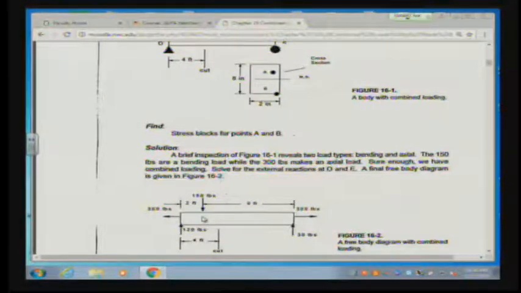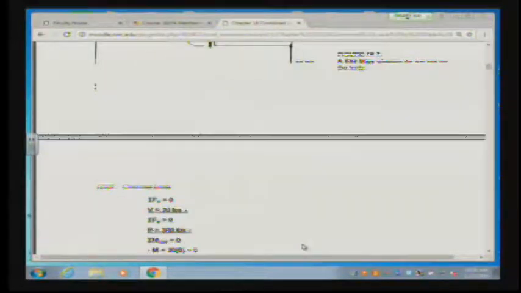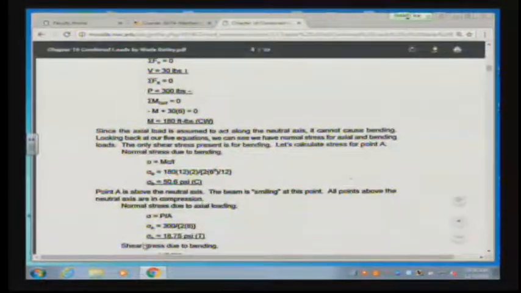So A is in tension because this is bending downward, isn't it? It's bending in a negative or smiley, frowny face configuration. So we get a value, MC over I, for our sigma at B, and we get a sigma at P over A.